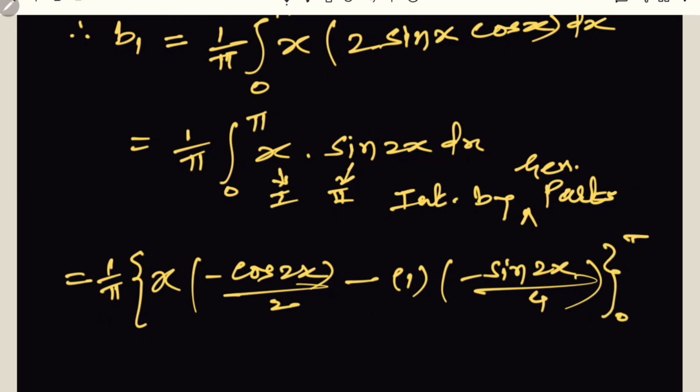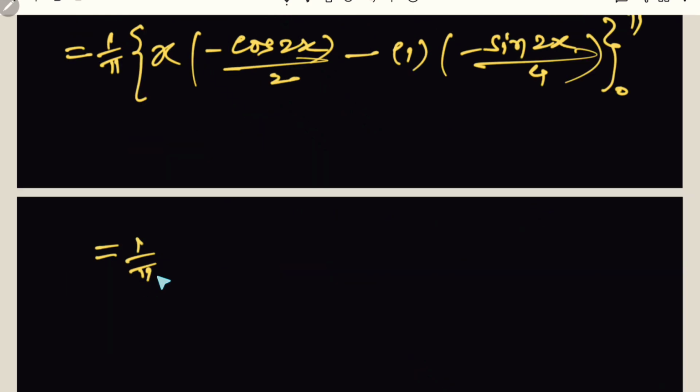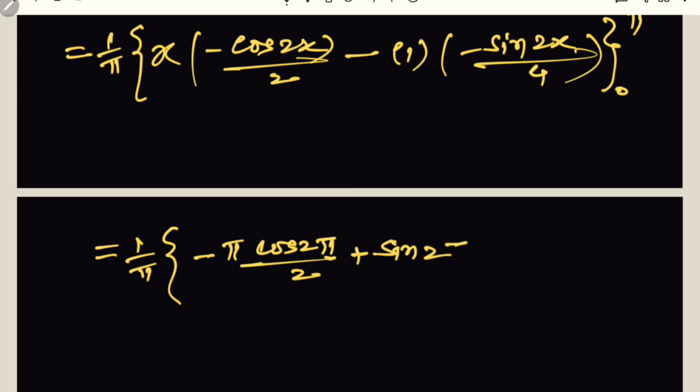Limit from 0 to pi. 1 by pi, minus pi cos 2 pi upon 2, plus sin 2 pi upon 4. These two values for upper limit minus lower limit. X is 0, sin 0 is 0. Therefore, both those terms are 0.